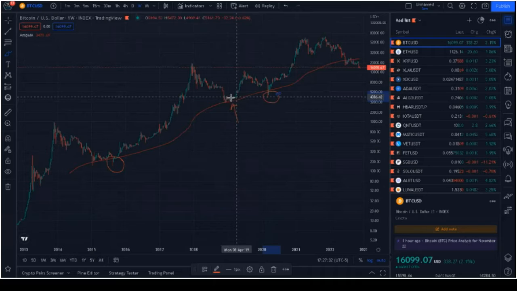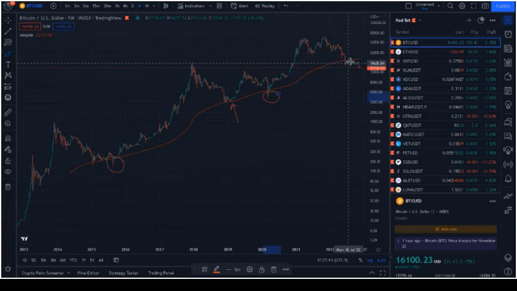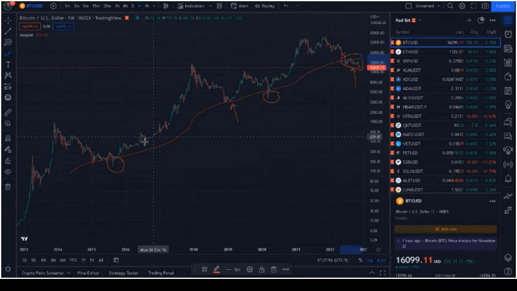This is the closest long time, but it was all on the top side. So this is acting as a resistance and it's staying above it, almost like a support. This is now the only time that it's come under and stayed under for this amount of time. So now the 200 week has become a resistance instead of a support.